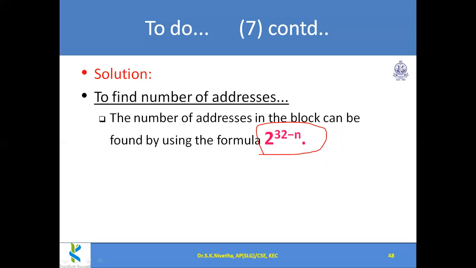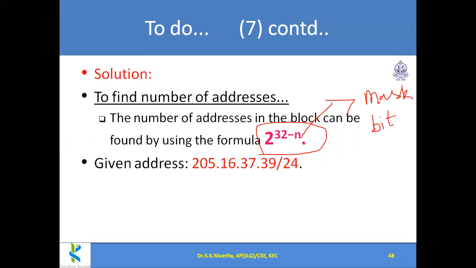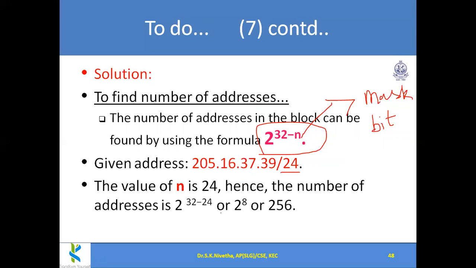N is the mask bit, the slash notation. For the given question, 24 is n. So how do I calculate? 2 power 32 minus 24, so 2 power 8. So 256 addresses. Okay, a block that contains 256 addresses is reserved.